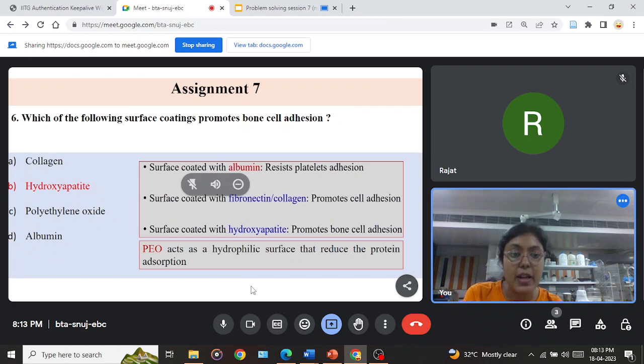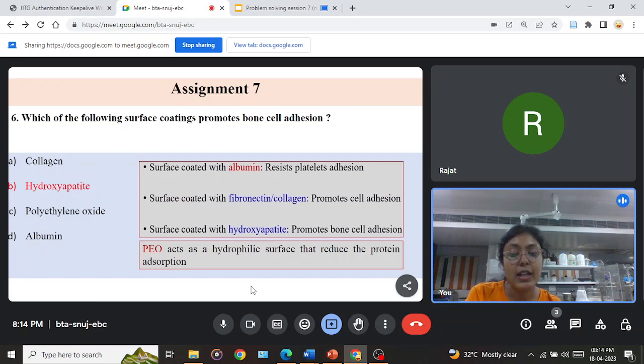Hydroxyapatite, a molecule containing calcium phosphate, is used in bone implants and it helps in promoting the bone cell adhesion, right? Whereas collagen or fibronectin promotes cell adhesion.